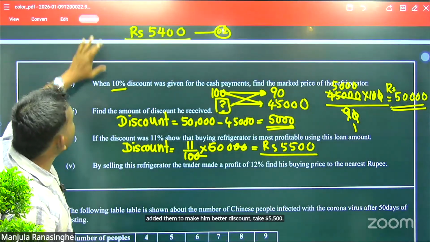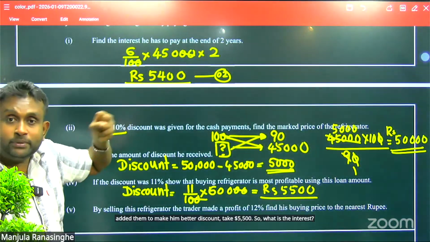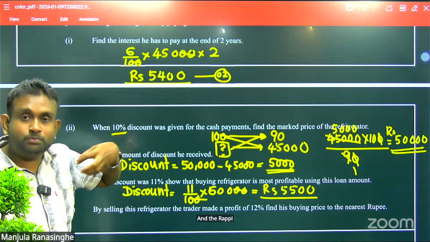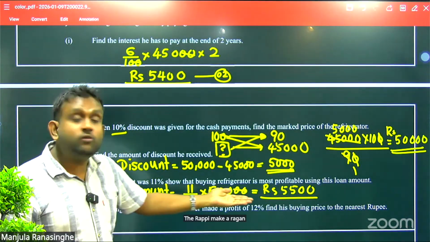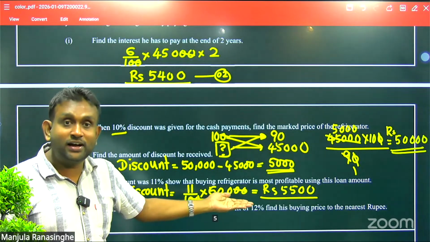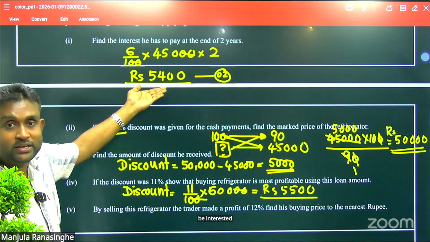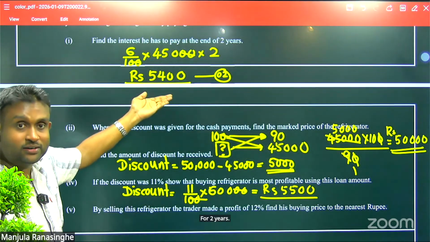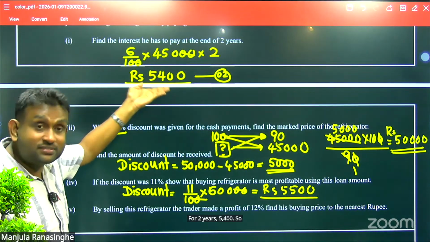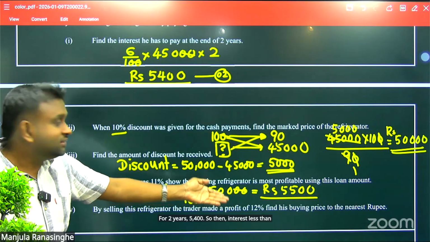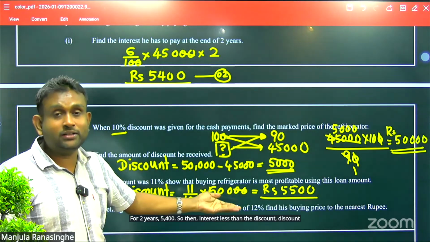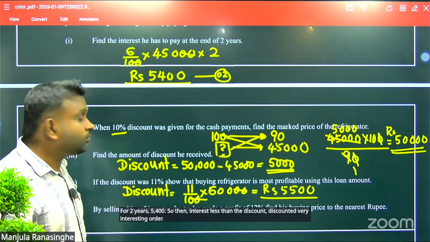So what is the interest? If we buy it with cash upfront, we get a discount of 5,500. But what do we pay as interest? For 2 years, 5,400. So the interest is less than the discount. The discount is greater than the interest. Then it is more profitable.